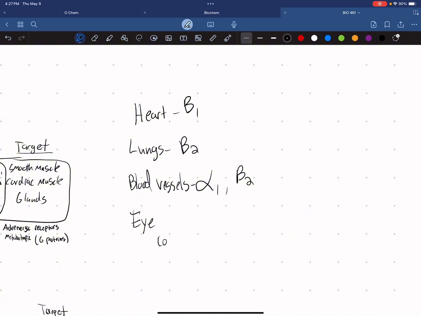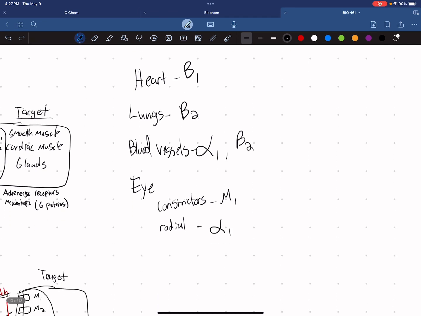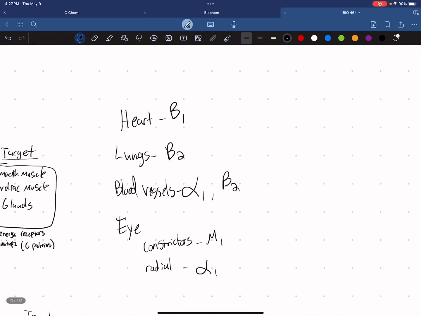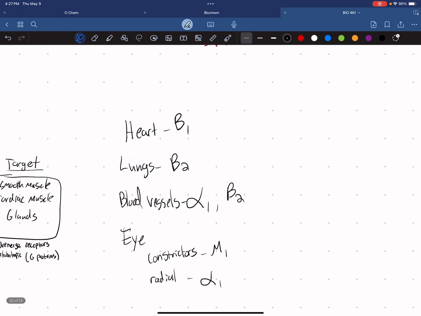We have the constrictors, which have M1 receptors, and we have the radial muscles, which are alpha-1 receptors. And so what happens is, I will go ahead and talk a little bit about what occurs at each one.